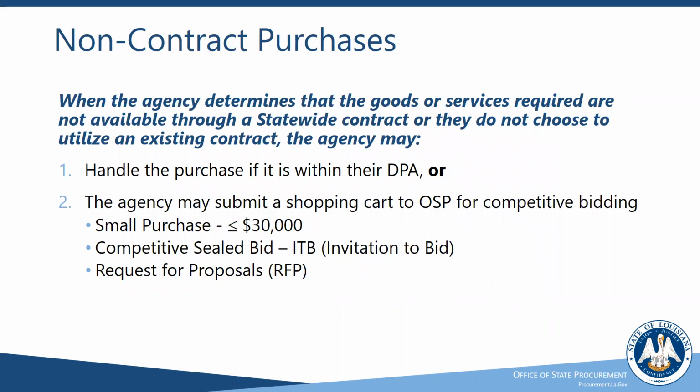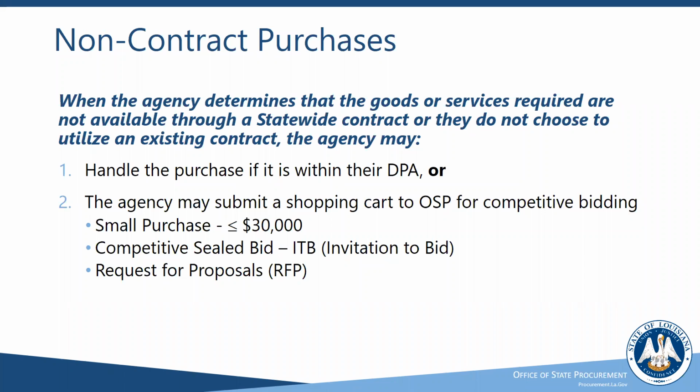All right, so now what if an agency has looked all through ECAT, maybe even called someone at OSP, and it's been determined that whatever they need to buy is not available on a state contract, or for some reason, whatever is not on contract will meet their needs.